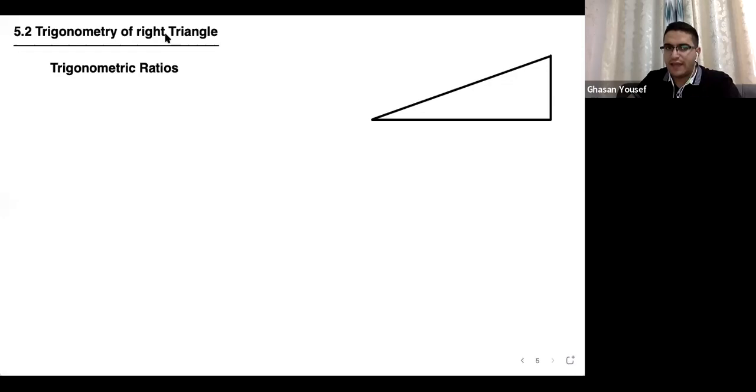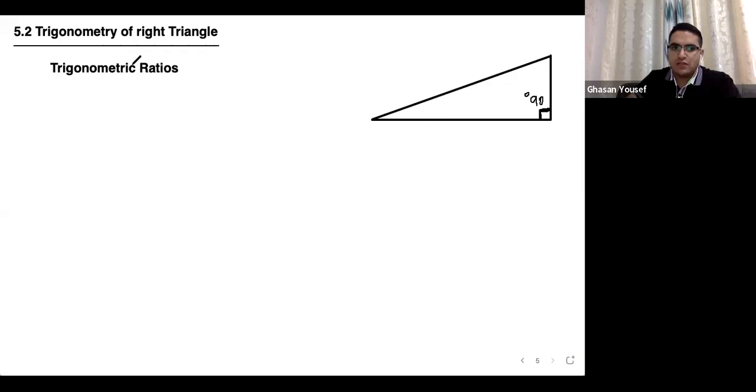Right angle means an angle that has a measure of exactly 90 degrees. Again, a right triangle is a triangle such that one of its angles has 90 degrees. So this is 90 degrees.